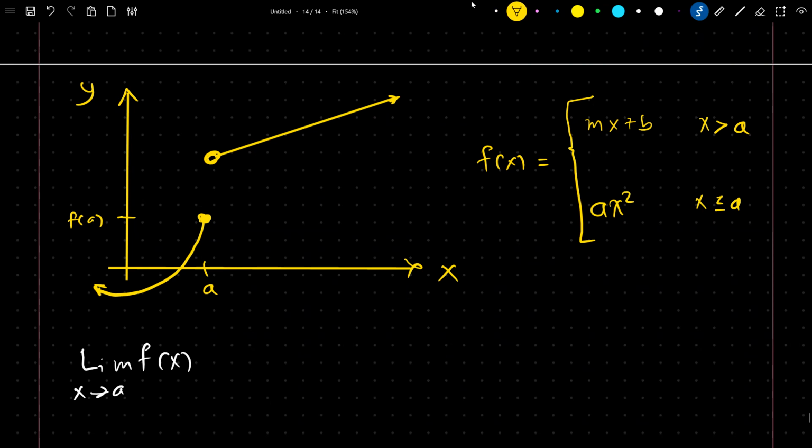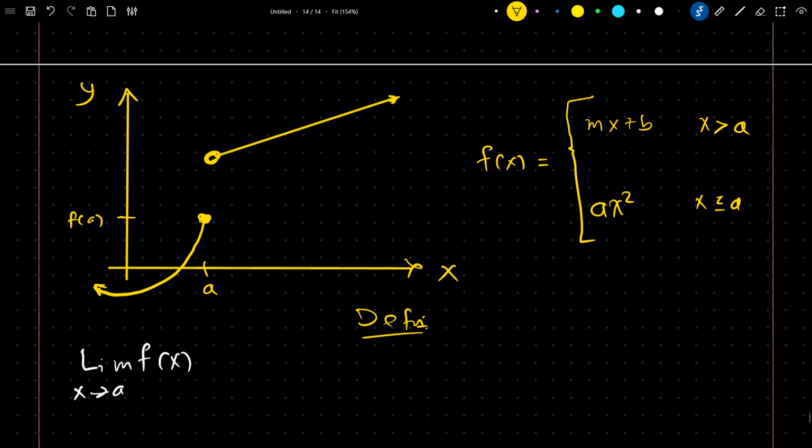And so in order to determine the limit of this function, we have to check the left side of a and the right side of a. And so this gives rise to the idea of a left-sided limit and a right-sided limit. So we do in fact have those two definitions. All right, so for a first definition, we'll do the left-side limit.